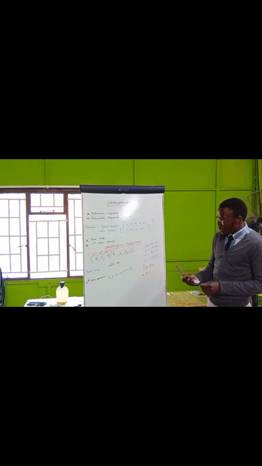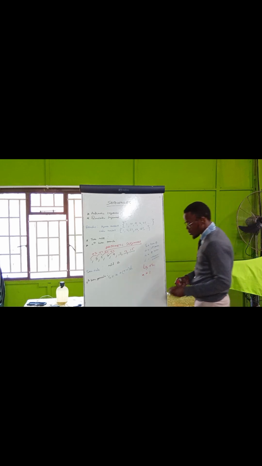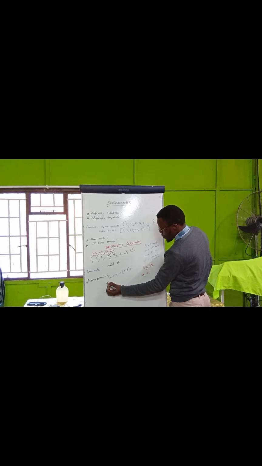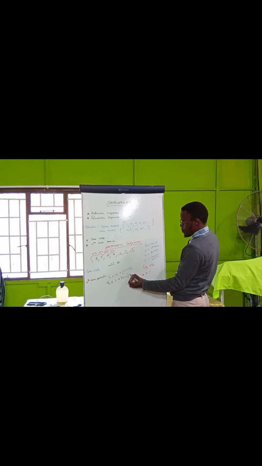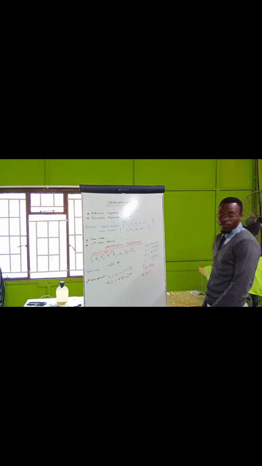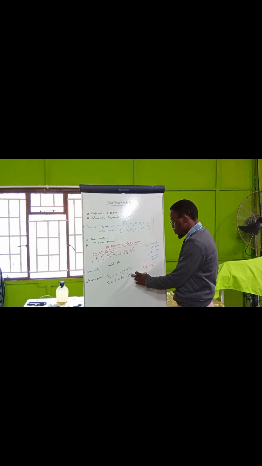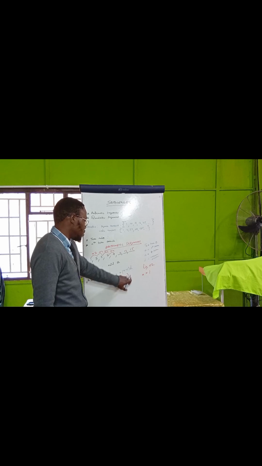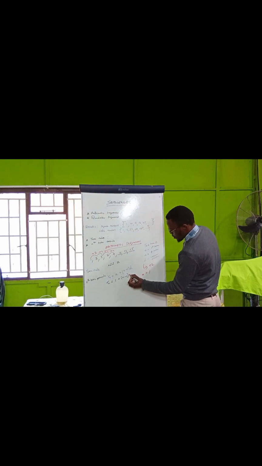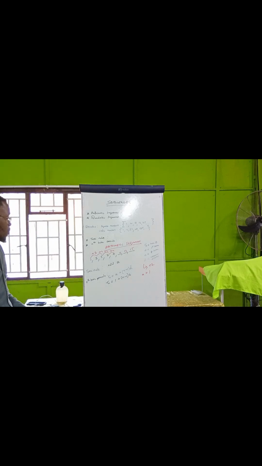So this means in our n-term formula, we will substitute: Tn is equal to 1 plus n minus 1, multiplied by 2. The reason I'm writing positive 2 is just that it is positive 2. Otherwise, it's the same as just writing 2, because sometimes you can have a negative value. I will also demonstrate that example.